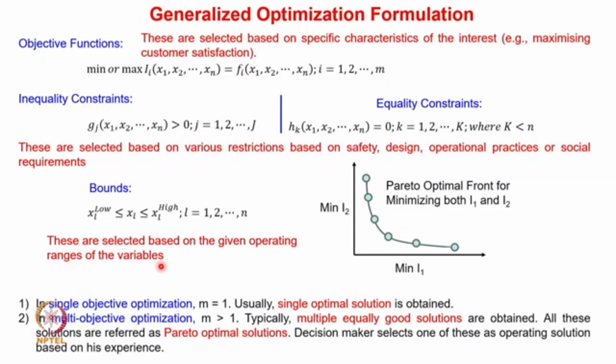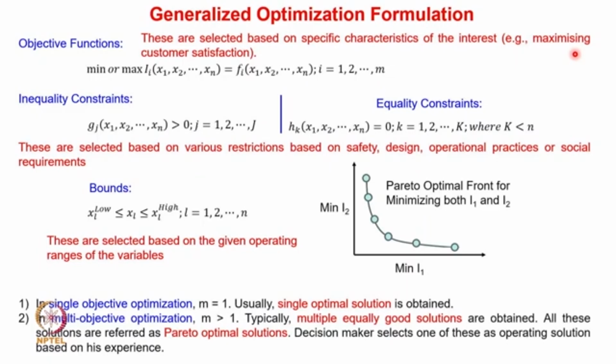Now you can see that typically in a single objective optimization we typically get one optimal solution. Okay, but whenever we are having multiple objectives, like let's say if you are having one objective which is maximizing the customer satisfaction and another objective is, let's say, maximization of the profit. So both the objectives are maximization and both these objectives have to be satisfied simultaneously.